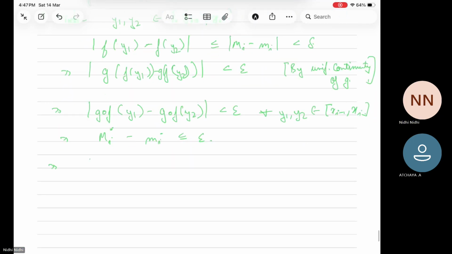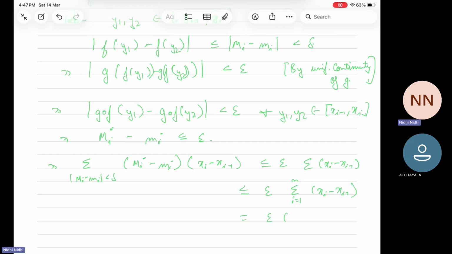And hence the summation over the set of good points, where Mi minus mi is less than delta, of (Mi star minus mi star) times (xi minus x(i-1)) will be less than or equal to epsilon times the summation of (xi minus x(i-1)), and this will be equal to epsilon times (b minus a).